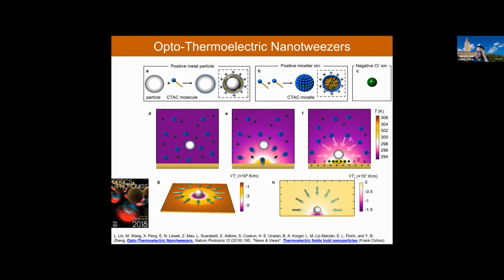It also works if, let's say, you have salt. In salt you have sodium, positive, and chloride, negative. So in this case, the micelle is replaced by sodium, which is positive charge. Chloride is negative, so you still form this electric field. But I understood that you rely on the fact that one of them is heavier and moves faster than the other. In the case of sodium and chloride, do you still count on one of them diffusing differently?